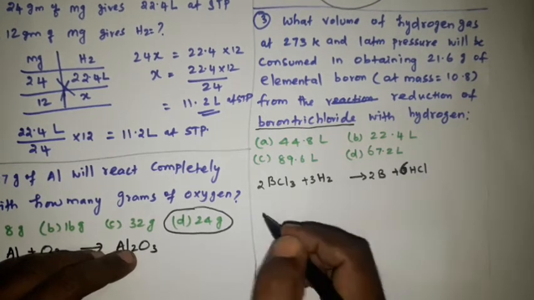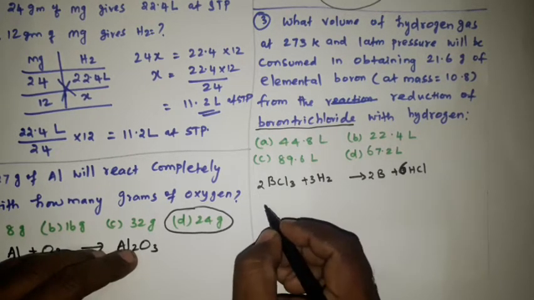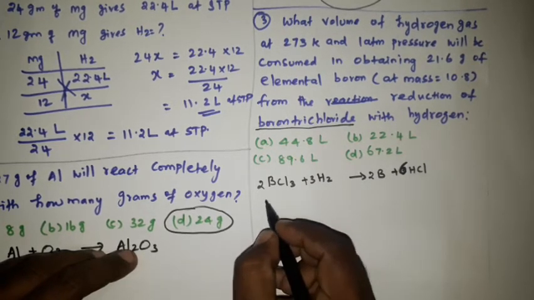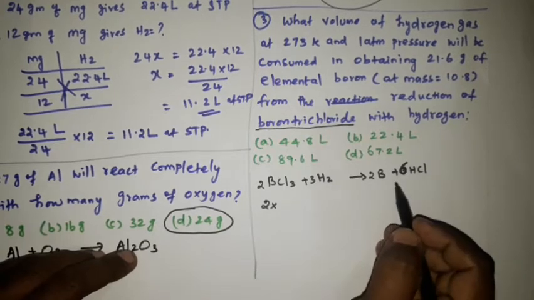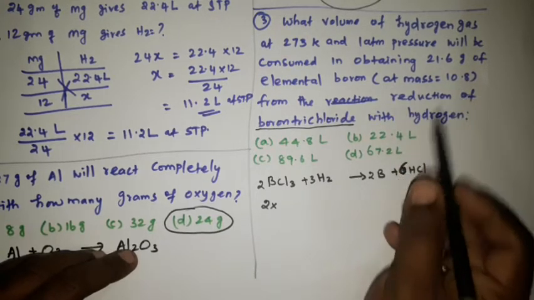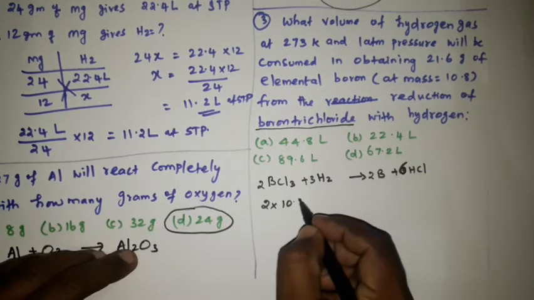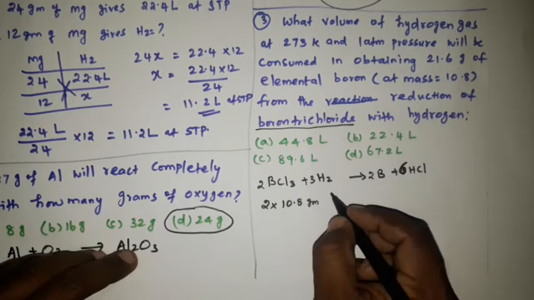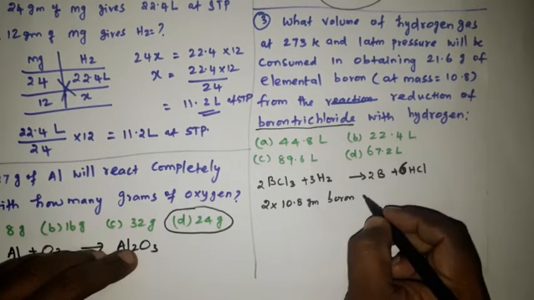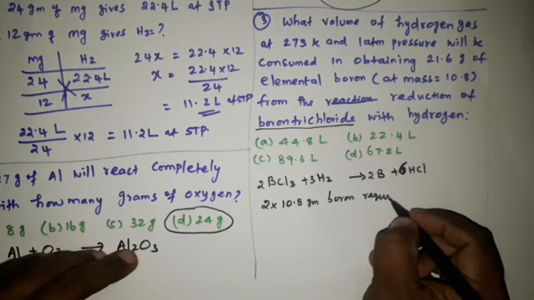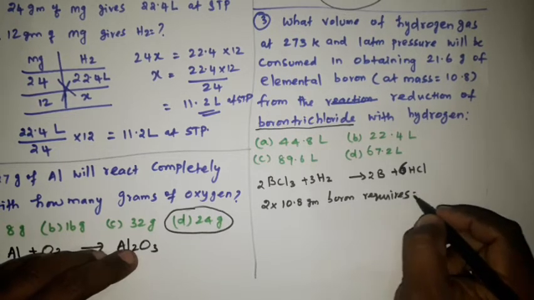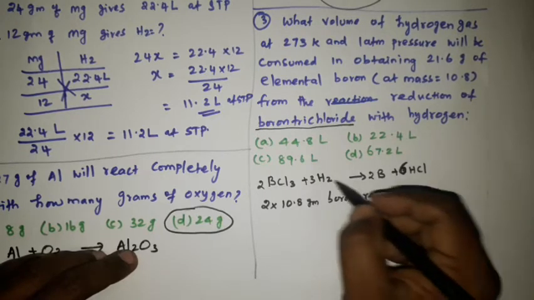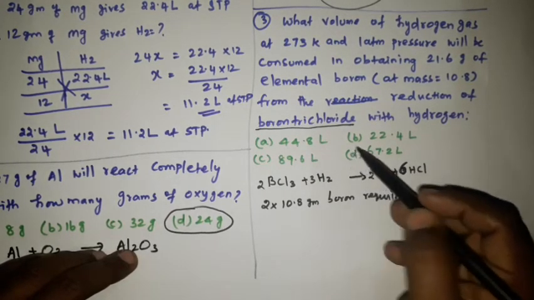Okay, so now come to the point. Here how many borons are there? 2 boron. So 2 into, what is the mass of boron? Atomic mass of boron is 10.8 gram. So 2 into 10.8 gram of boron requires 3 into, what is the volume of hydrogen?